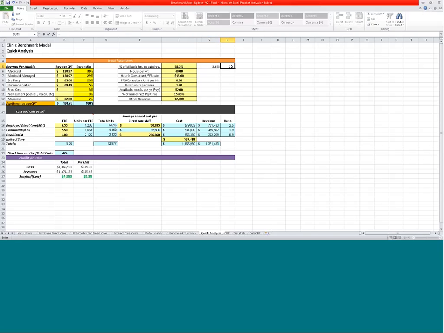If we take 2,080 times 58%, we end up with 1,206 hours that somebody is available to do billable services, which is the number in this cell here, which is in effect the number of hours in a year that somebody can be providing direct billable service.